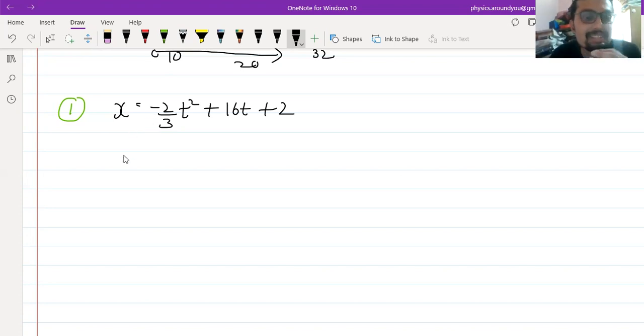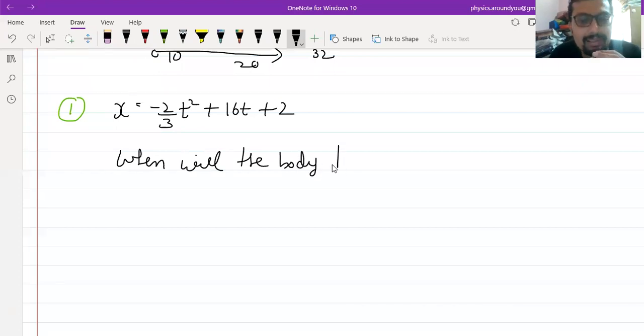All right. Question is, when will the body come to rest, or when will the particle come to rest? When means, am I asking the location or time?